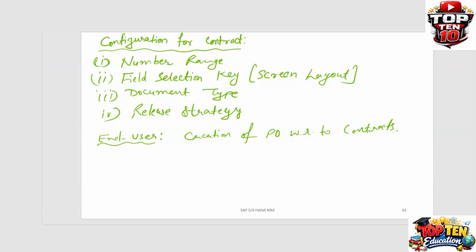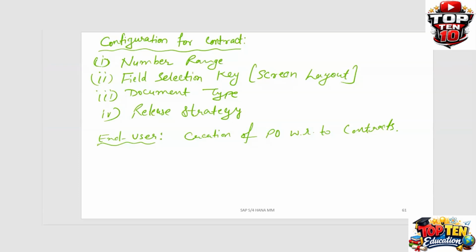If you go to contract one more time, you will find what? You will find the document types. That is WK. Here it is for value contract. So I'm not changing anything.